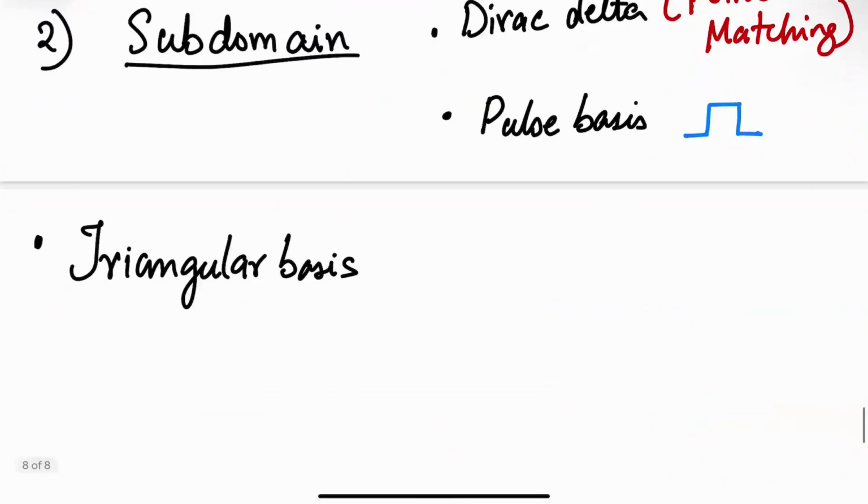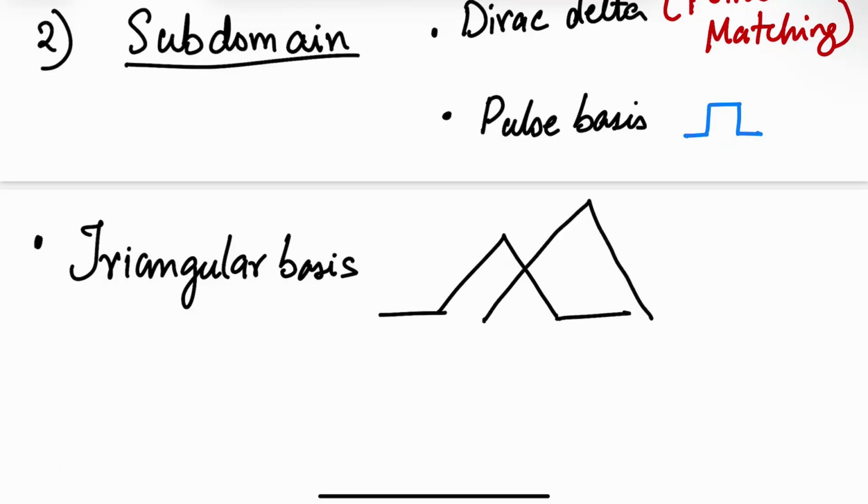But once you make it triangular, it's a little bit more complicated, but it's more accurate. Why is that? Because if you have a triangular function as your basis, then it's like doing linear interpolation. That's what the triangular basis does. I have three different triangles like this.